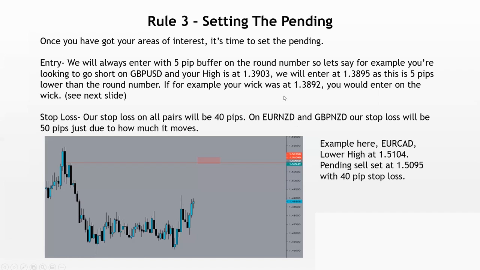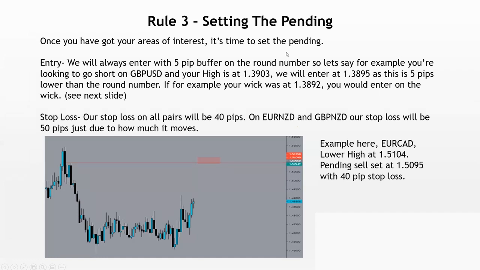Great. So if, for example, your wick was at 1.3892, your round number is at 1.3900, but your wick is at 1.3892. So it's actually 8 pips below the round number.